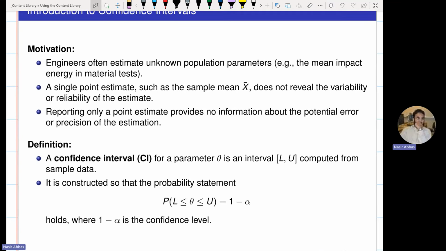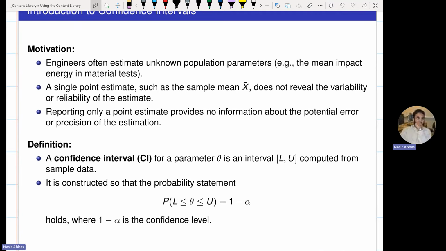Reporting a point estimate provides no information about the potential error or the precision of the estimate. What could be the potential error in your estimation? How far can you be from the actual quantity mu? You don't know the actual quantity, but you can estimate how far you can be from it. So we move one step further from a point estimate to an interval estimate, or what we call a confidence interval.